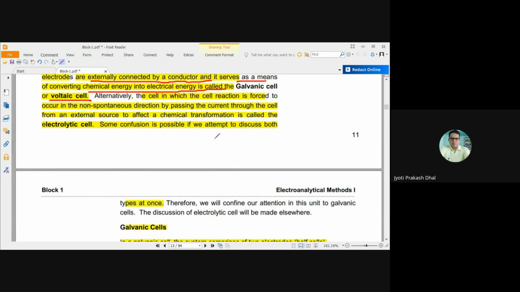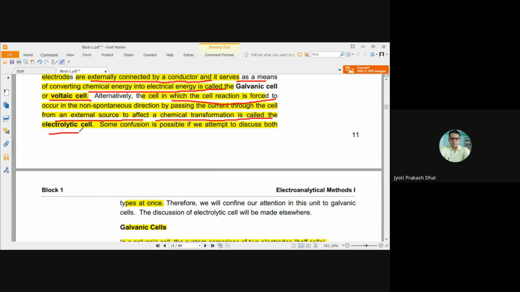And another type of cell is the one in which the cell reaction is forced to occur in a non-spontaneous manner, by passing current through the cell from an external source to affect a chemical transformation. That is called an electrolytic cell. So in the voltaic or galvanic cell, electrical energy is produced due to a spontaneous chemical reaction.